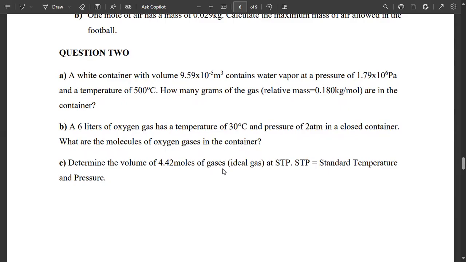How many grams of the gas, which has a relative mass 0.180 kilograms per mole, are in the container? Okay, so we go to our blank board. This is question 2.